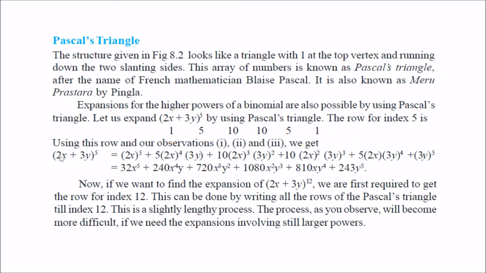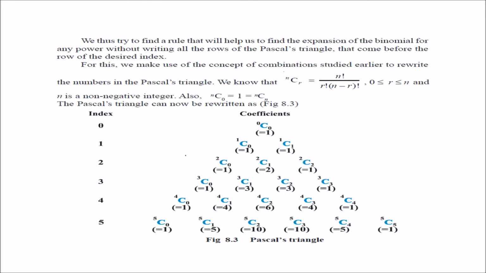For that, let us have a proper general solution. For this, we have nCr, that is factorial n divided by factorial r times factorial n minus r. We know this from combinations and permutations. We know nC0 and nCn are both 1.